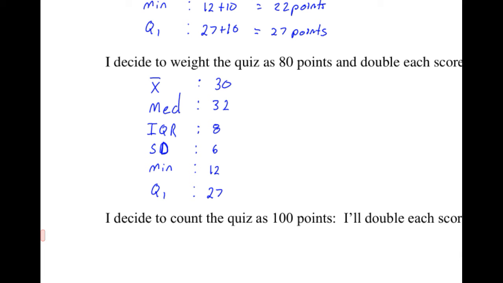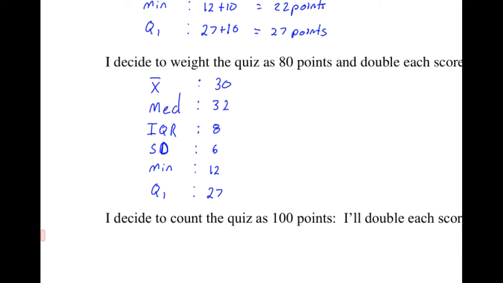However, if I'm stretching, I'm doubling, 2 times 10 is 20, so my Q1 is now 20. 20 times 2 is 40, so my Q3 is now 40, which means the IQR doubled. It went from 10 to 20.